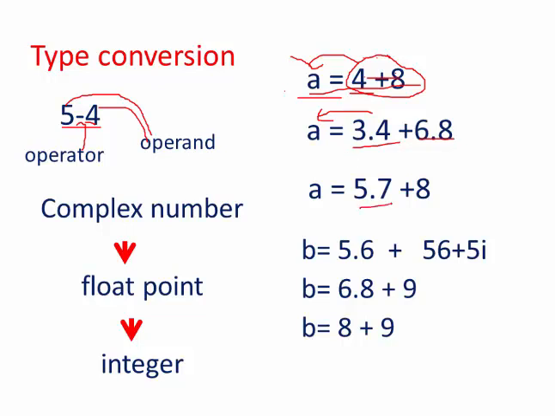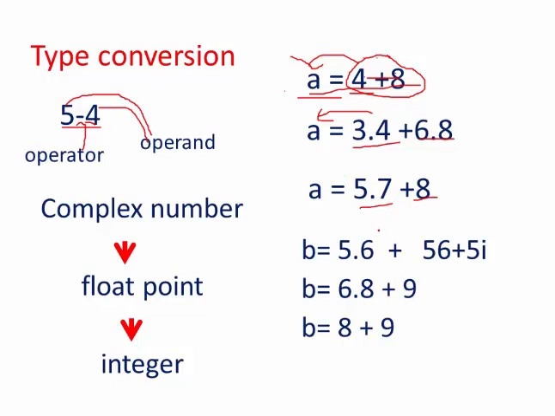But here, one is a floating type and the other is an integer data type. Now the question arises: what will be the resultant data type when one operand is floating type and another is integer type, or maybe different operands? When different operands get evaluated, what will be the resultant data type? That is what we are going to learn here.